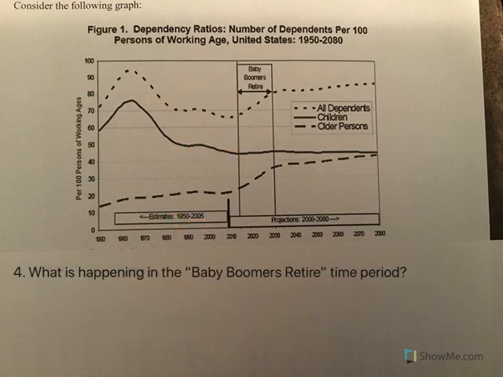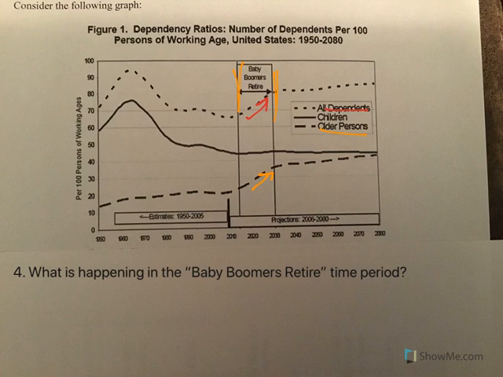So there we go. All right, what is happening in the baby boomers retire time period? Well, that's from here to here. So notice what happens. Well, this spikes up, which is all dependents. This spikes up, which is old people. So the old people become dependent, right? They're all retiring. Well, if they retire, they're no longer in the working class.